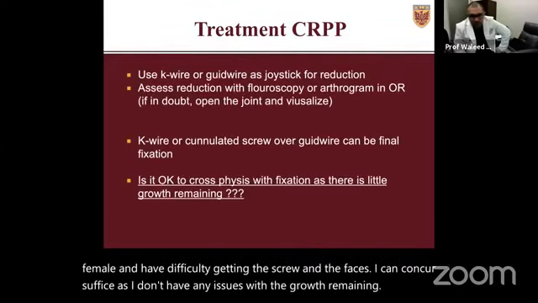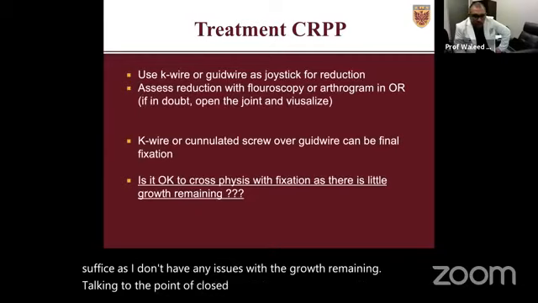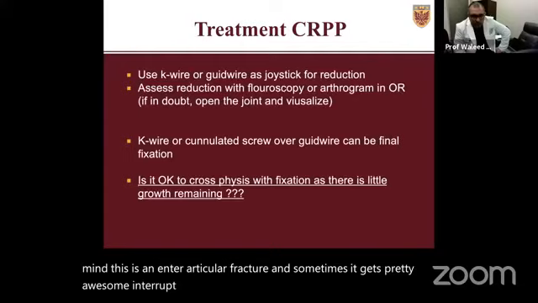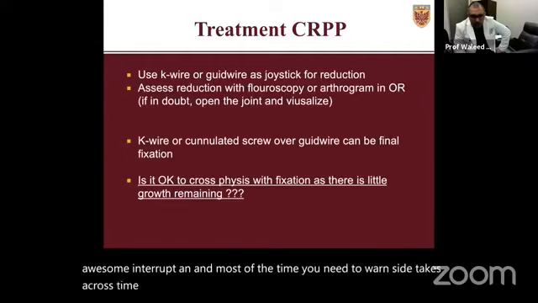Talking about closed reduction versus open reduction, keep in mind this is an intra-articular fracture, and sometimes the periosteum gets entrapped, and most of the time you need to go inside, take the periosteum out, and get a perfect reduction. This is my favorite way to do it.